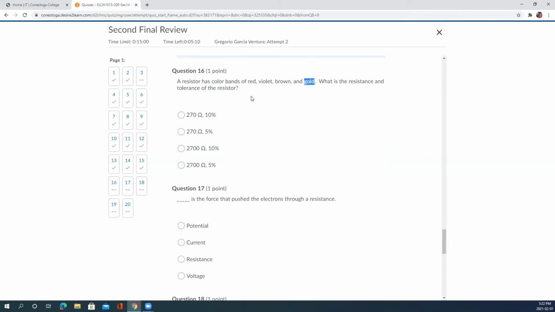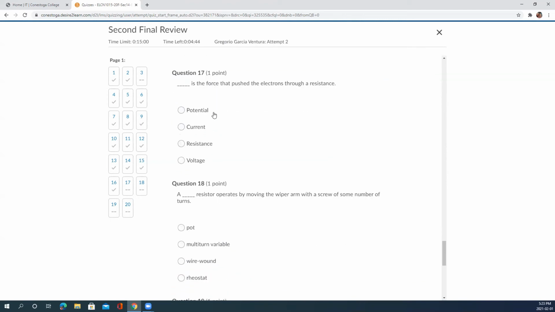So we have, as I said before, red and violet, which is 27, okay? And then brown, so it should be 270. So you gotta be careful with a question like this because we have either 270 at 10% or 270 at 5%. Because we have gold with a tolerance of 5%. So the right answer would be 270 ohms plus or minus 5%.